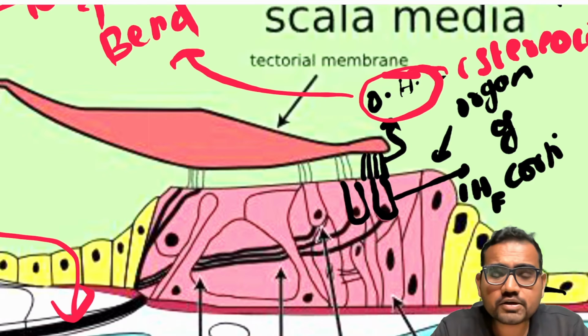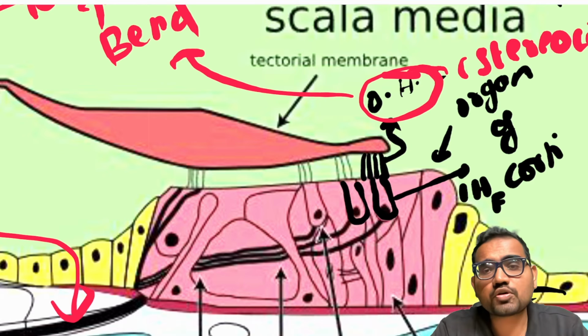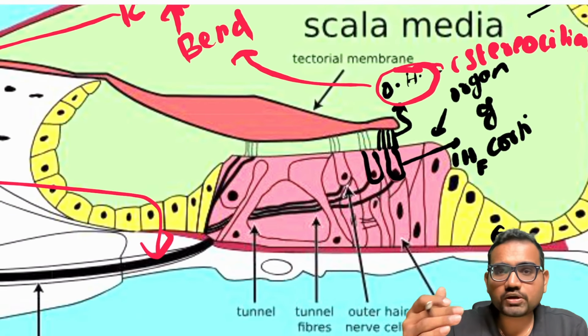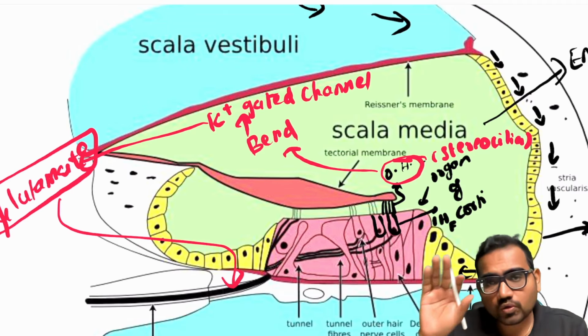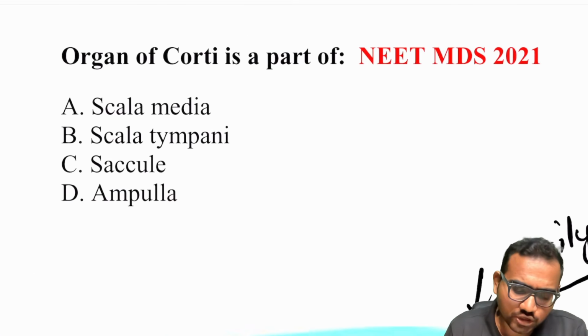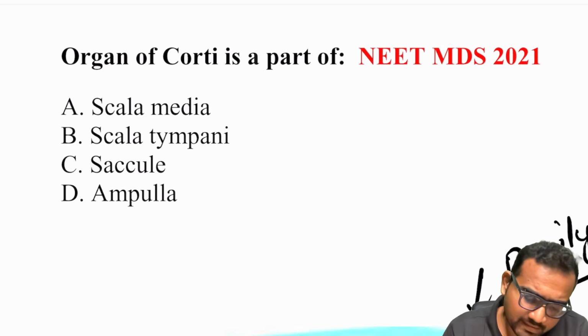Any bending of the hair cells over the tectorial membrane causes the potassium gated channels to open. The organ of Corti is present between the tectorial membrane and the basilar membrane, in the scala media. So the organ of Corti is a part of the scala media.